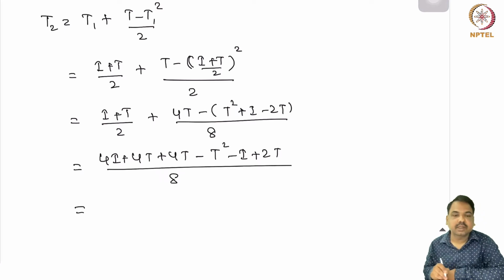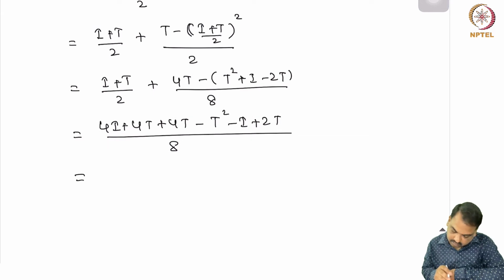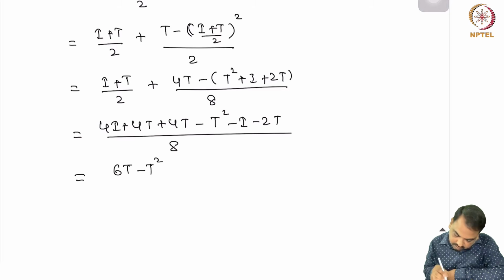That is 8T minus 2T, so 6T minus T square plus 3I divided by 8.